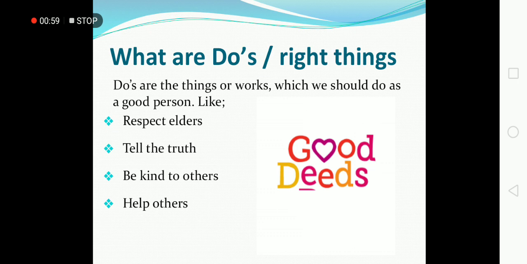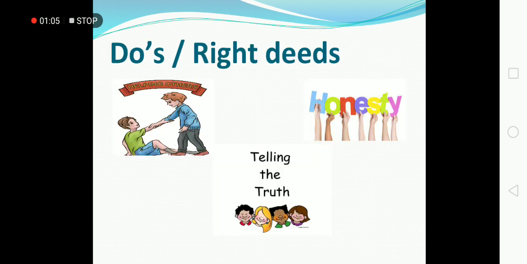There are many things which are good, like respecting elders, telling the truth, being kind to others, and honesty as well. If you want that other people who live around us like you and admire you, you must adopt the good habits. And there are many good habits or good deeds which are called the do's.